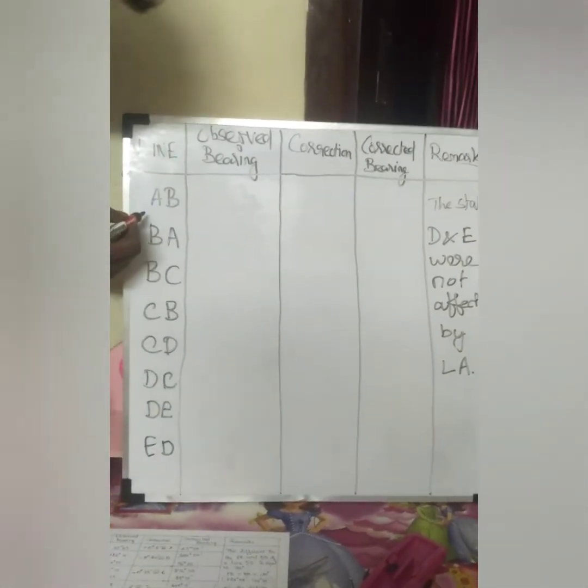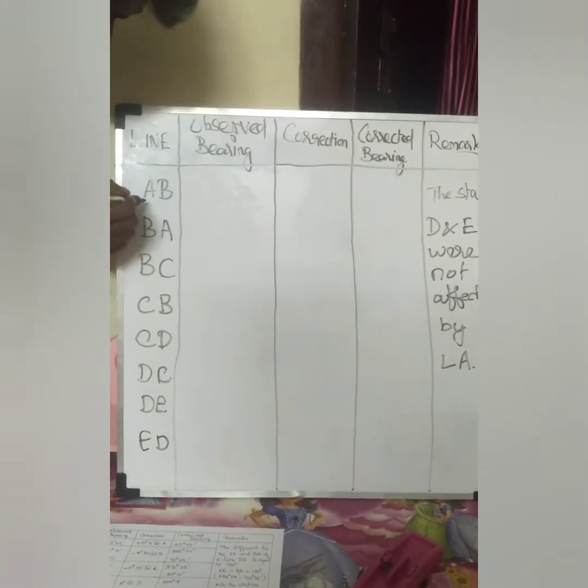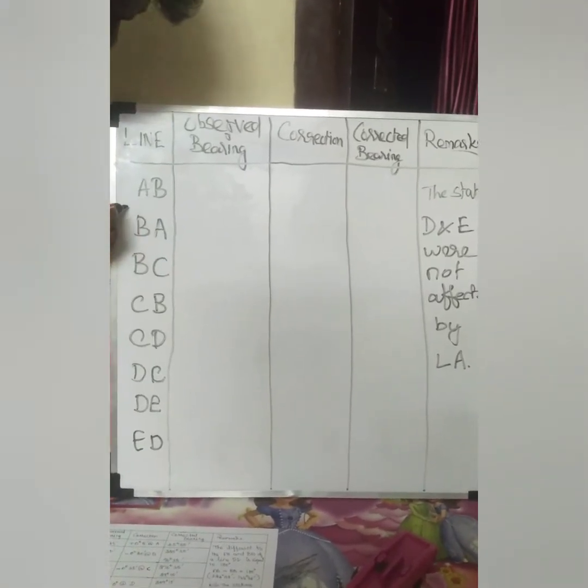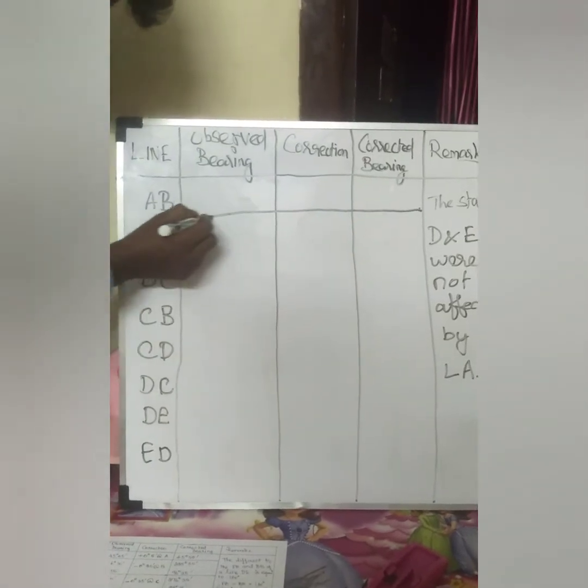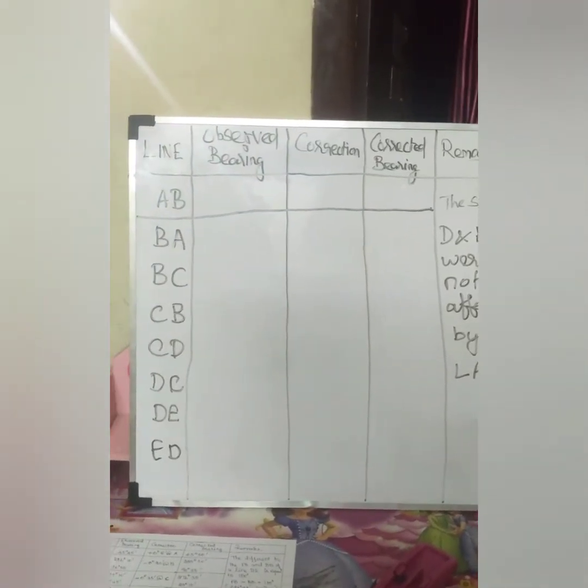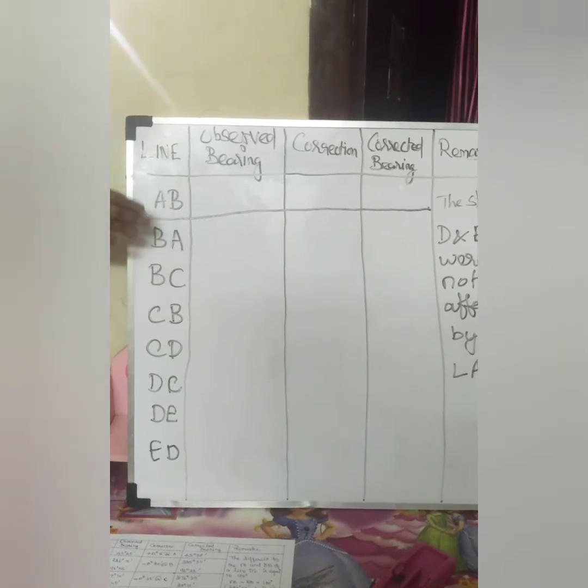Only the forebearing was observed at station A. So we can divide the station-wise observations.